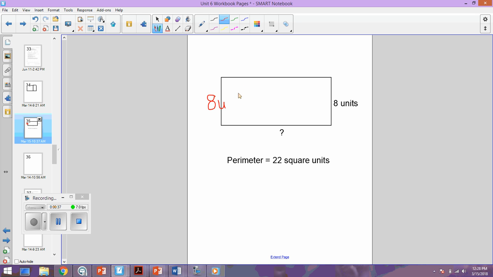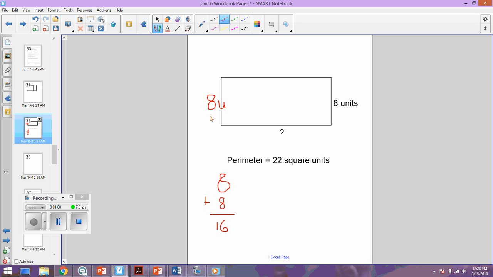And so what we can do is we can use these two sides to help us figure out the other two sides. If we want to find perimeter, we know that we need to add. So we're going to start by adding this side and this side, the two sides we know, to figure out how much those two sides are equal to. 8 plus 8 is 16.